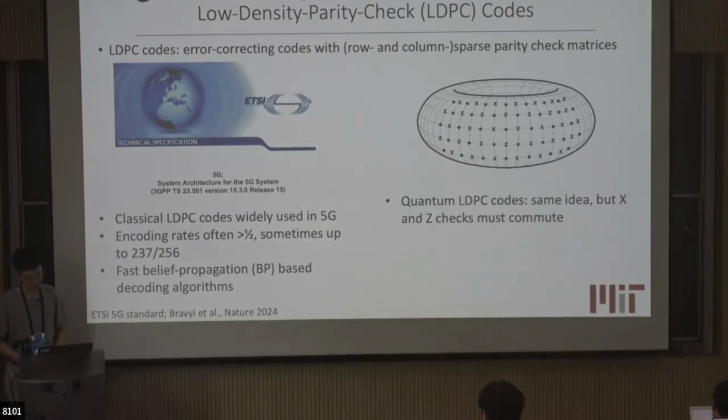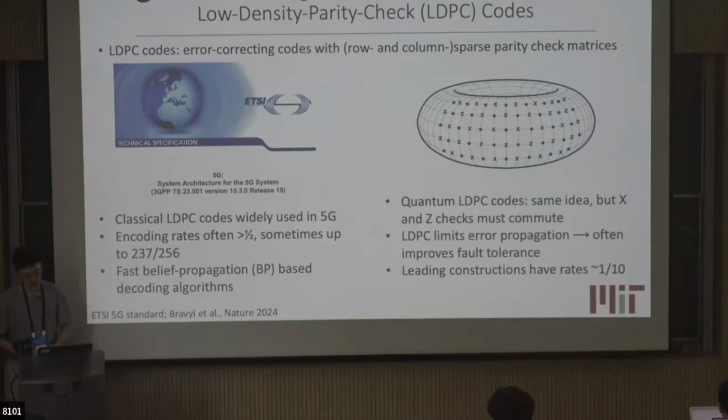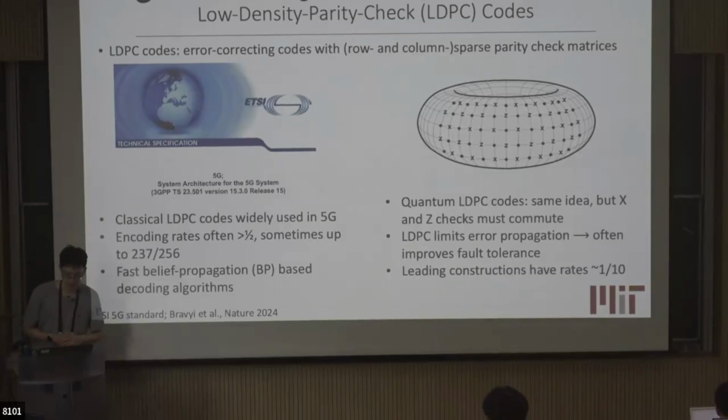So on the quantum side, there have also been many interesting ideas in this regime. As was mentioned in the previous talk, one of the new constraints is that now the X and Z checks need to commute. And so there are additional structural conditions that must be satisfied in order for it to be a valid quantum LDPC code.